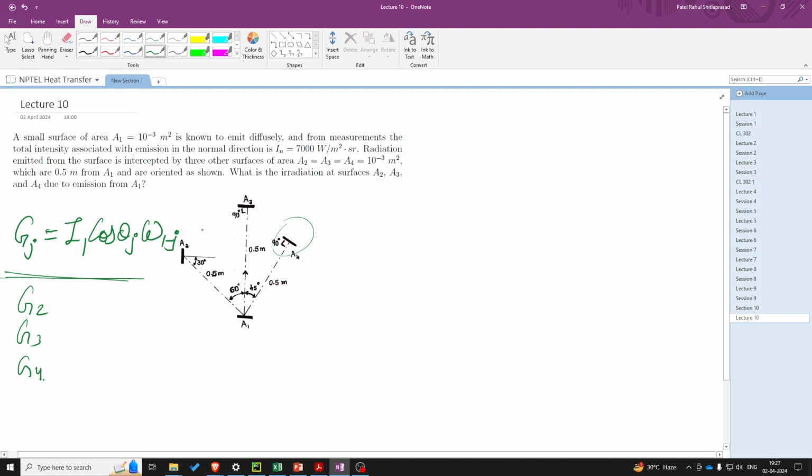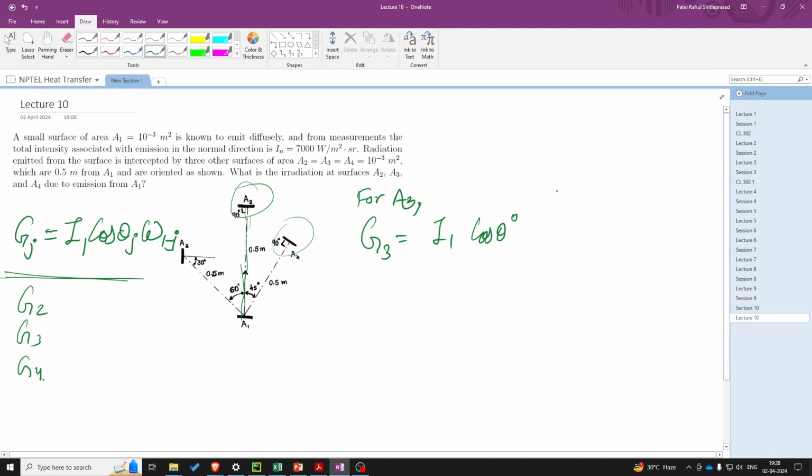Let's just start with this A3. For A3, you can write G3 is equal to I1. The angle made by this perpendicular of A3 with this radiation will be 0 degrees. So it will be I1 cos of 0 degrees into omega 1 to 3.